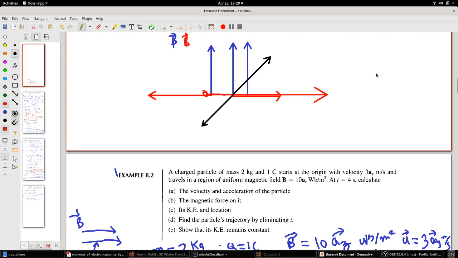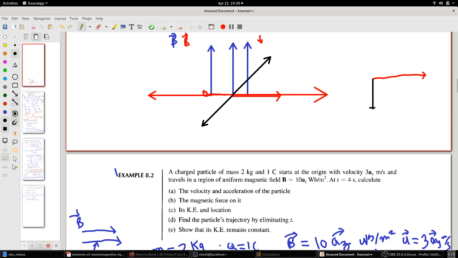So the top view looks like this. If I view this particular scenario from top, this is your y, this is x.